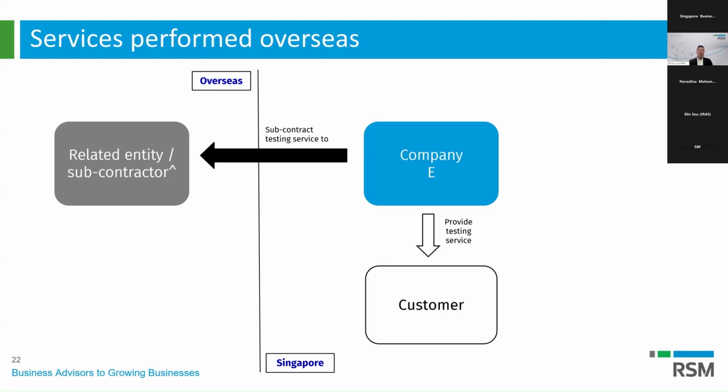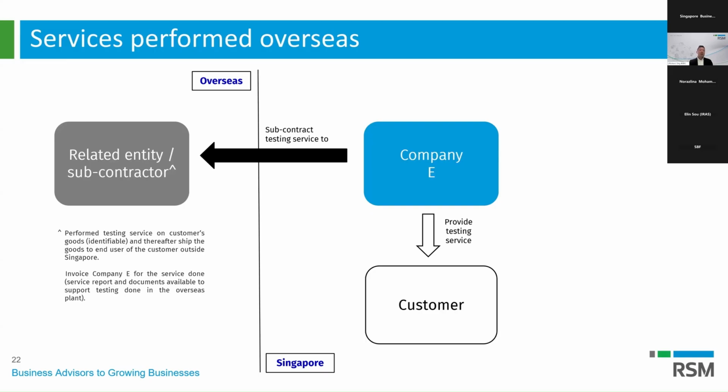To give you more details, this subcontractor will perform the testing service on the customer's goods, which are identifiable. Thereafter, the goods will be shipped to the end user of the customer, which is located outside Singapore. For the support that company E receives from its related entity or subcontractor, obviously they will receive a bill, but that is not relevant in today's discussion.